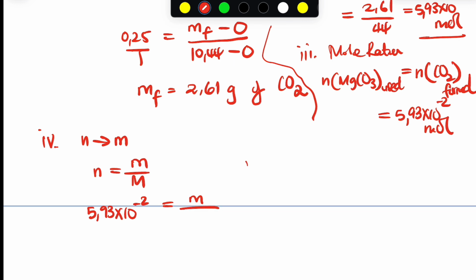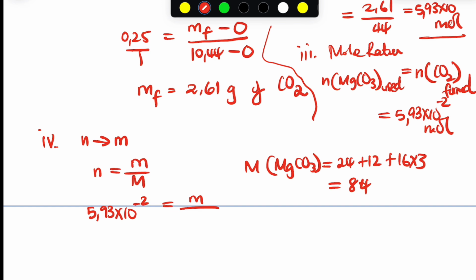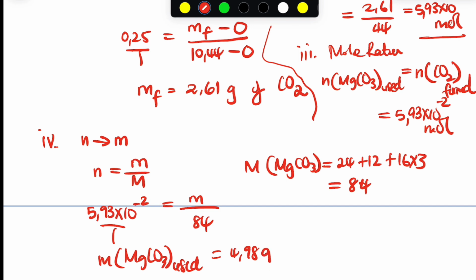And the molar mass of the magnesium carbonate is 84. How is it 84? It's 24 plus 12 plus 16 times 3, which is equal to 84, right? So we multiply, and the mass of magnesium carbonate used is going to be 4.98 grams. That's the mass that has been used.